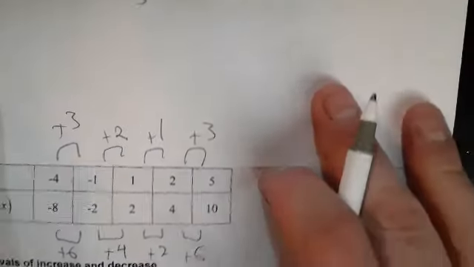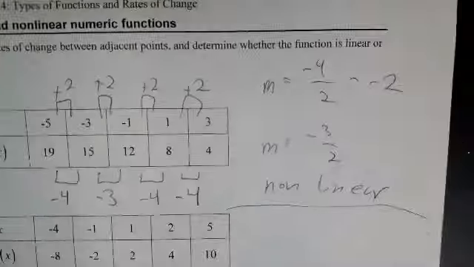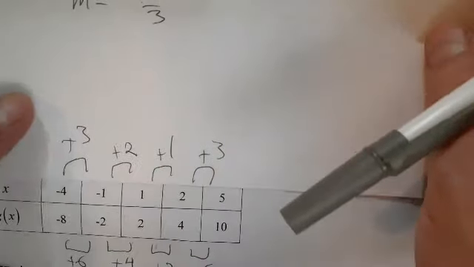In this one, they're not giving us a constant x rate like in the previous one. It's not going up by the same amount; we're changing the amount that we are going up, so we have different amounts.